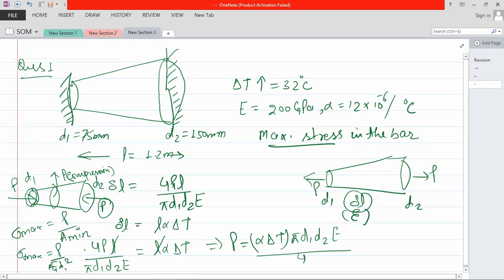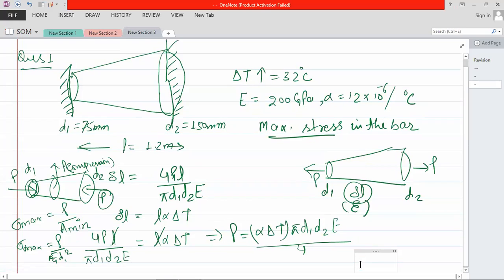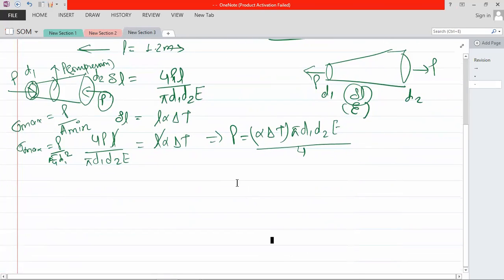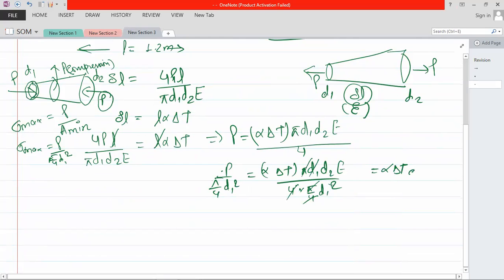Okay, so in this part, if you divide P by pi by 4 D1 square, and also divide the right hand side, pi d1 d2 e upon 4 into pi by 4 d1 square, this will cut out, and you get alpha delta t d2 e upon d1.